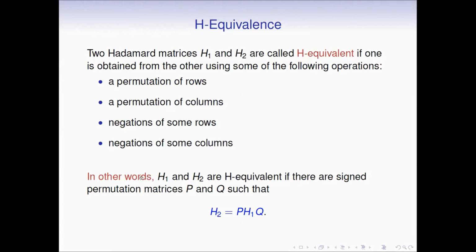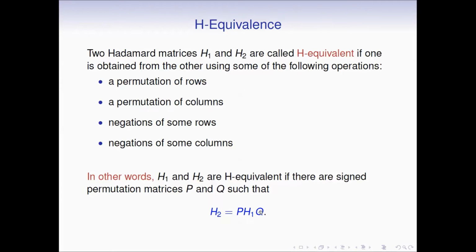In other words, we call H1 and H2 equivalent if we have this relation: H2 is equal to P H1 Q. Here P and Q are signed permutation matrices. This is exactly the meaning of this in the algebraic form.